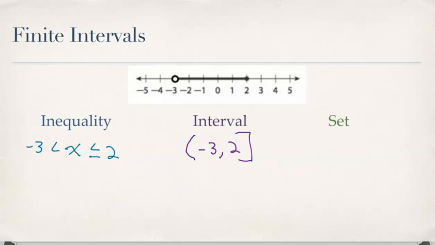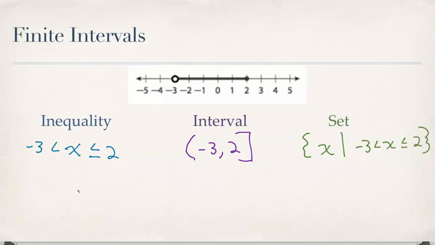And then for the set notation, I would say I'm looking at the set of all x's. Here I'm going to assume that it's in the real numbers. You should be comfortable with that R there or without it. The set of all x's such that x is greater than -3 and less than or equal to 2.